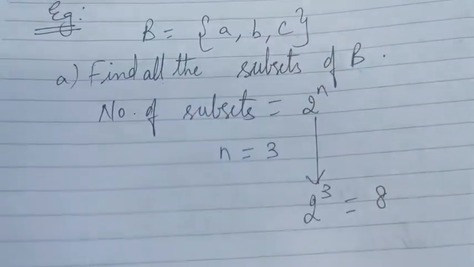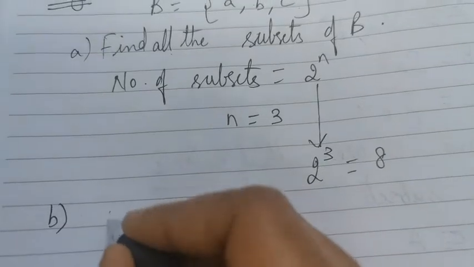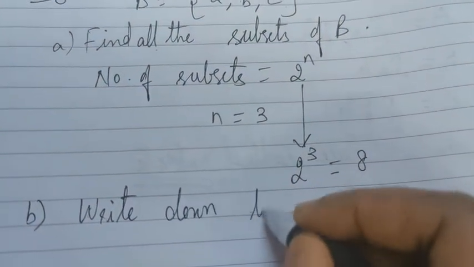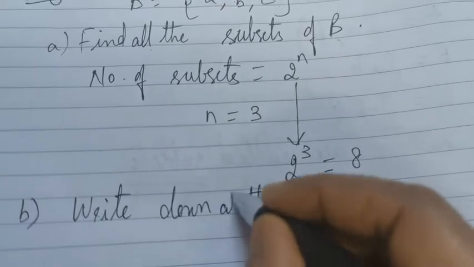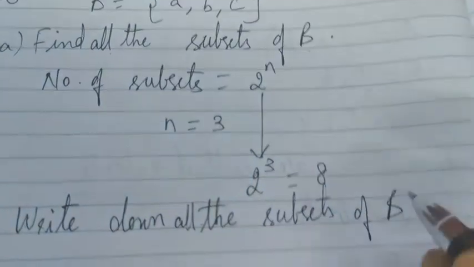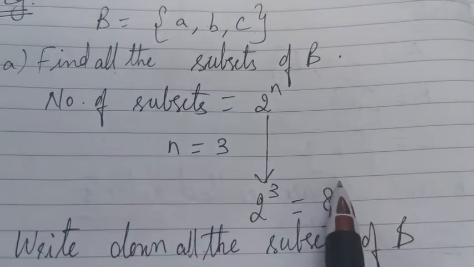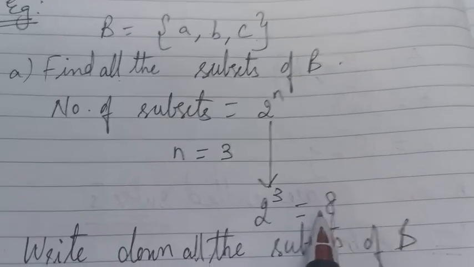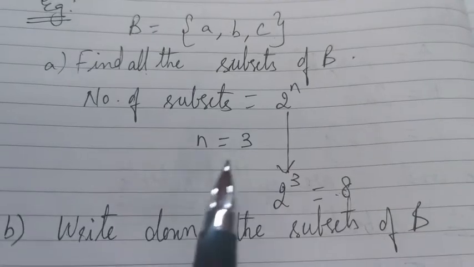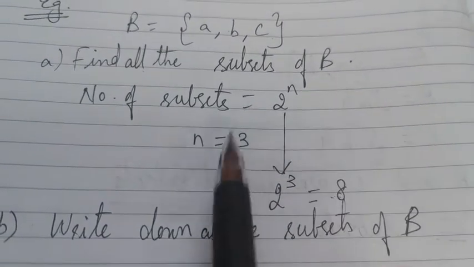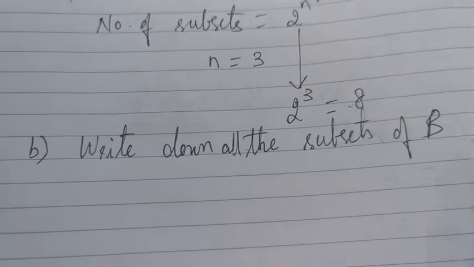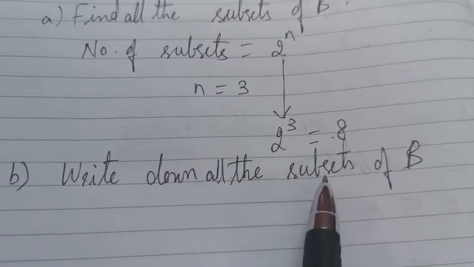Now if I have a question, write down all the subsets of B. I learnt that there will be 8 subsets from this set. Now I will have to list out all the subsets of B. There are two things to be noted down here.